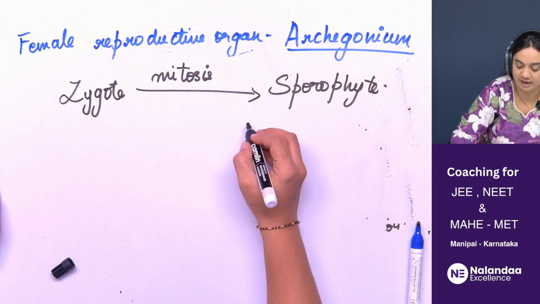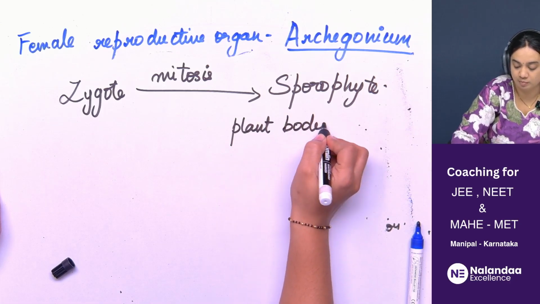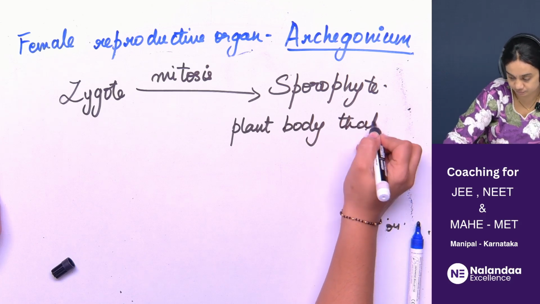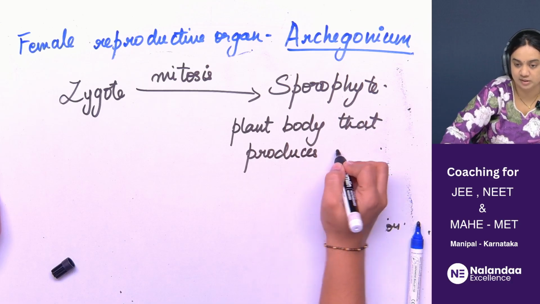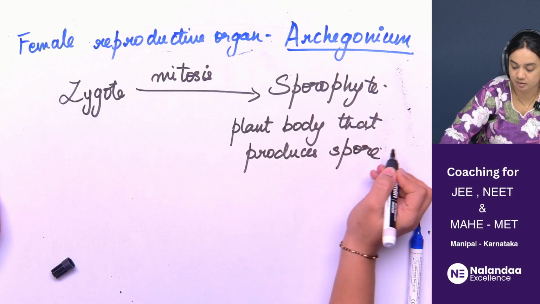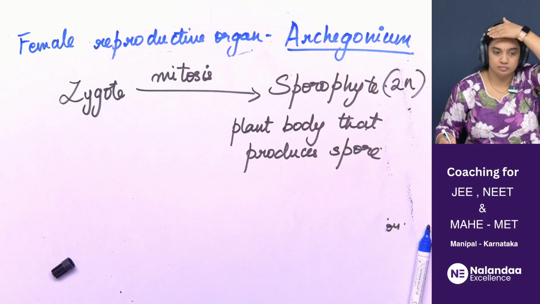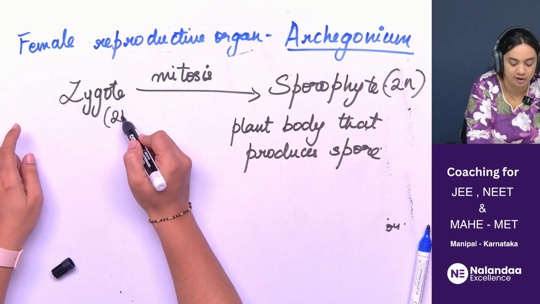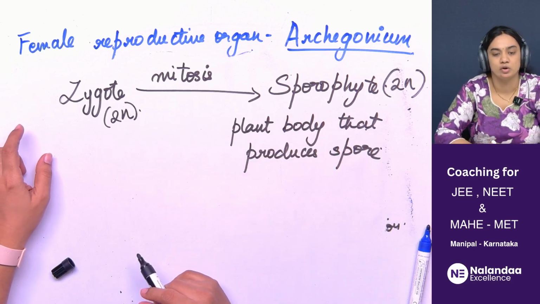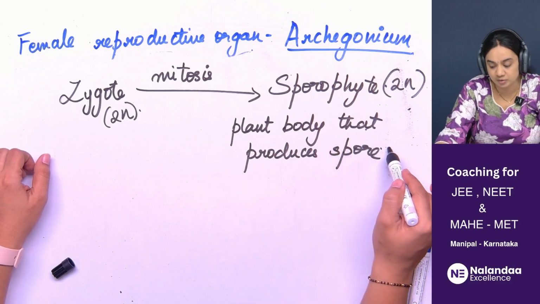The sporophyte is the plant body that produces spores. The sporophyte is a diploid structure. Understand? Because the zygote is diploid, obviously the sporophyte is also going to be a diploid structure, and it is the plant body that produces spores.